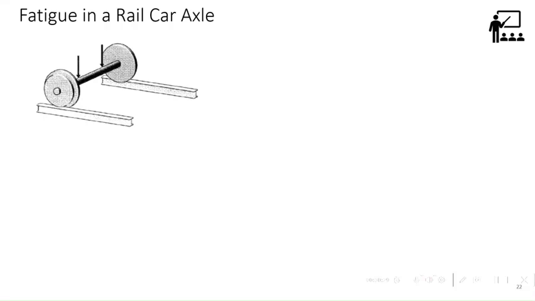Now coming to fatigue, this phenomenon started when the railway was introduced as a part of transport. A bogie with wheels runs on the railway and is subject to cyclic load, and it is fully reversed.